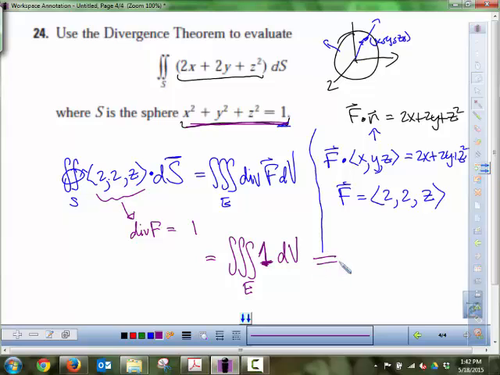What is this equal to? 4/3 pi r cubed, and r, the radius of our sphere, is what? 1. So it's just 4/3 pi.